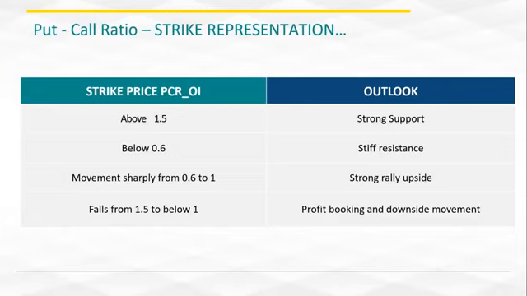So now if you remember, we were in that 100-point zone for a very, very long time. Because PCR was the key indicator letting us know the range on an immediate basis that Nifty is going to play.